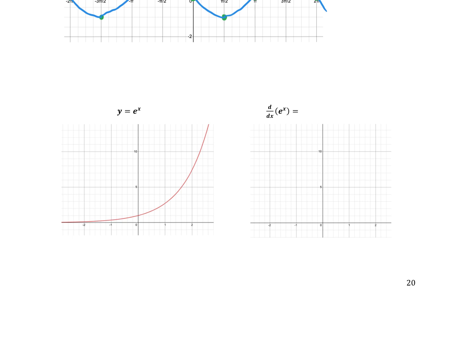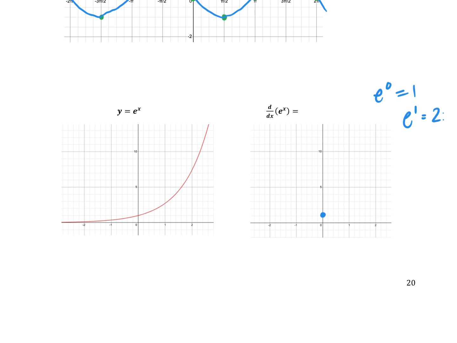What do we remember about e to the x? If I had to make some points, what would e to the 0 be? What's anything to the 0? 1. So when x is 0, my y is 1. What about when x is 1? Does anyone remember what e's value is? 2.7. 2.718.